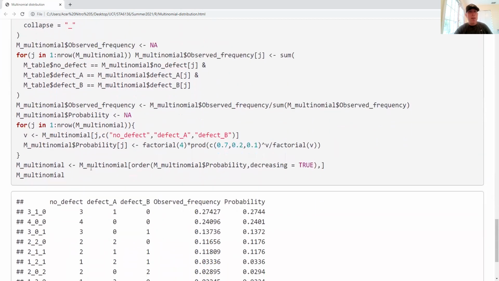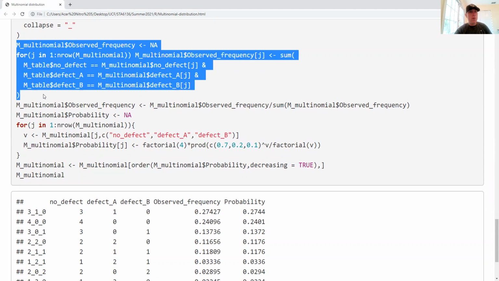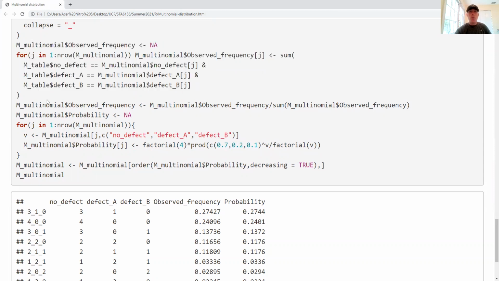Now, on this part of the code, I'm going to go through and count the number of times my data set, my observed values, give me the same counts as in my possible values.